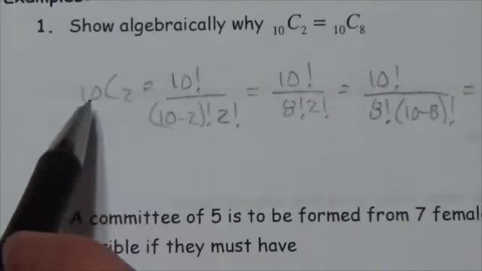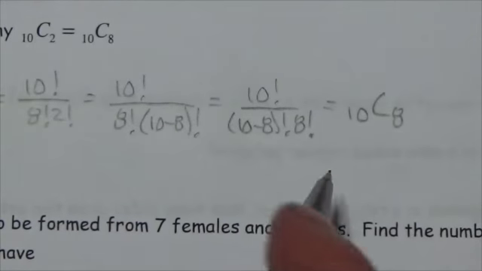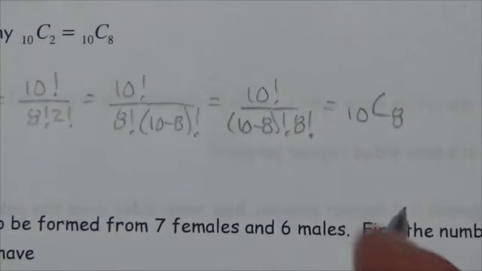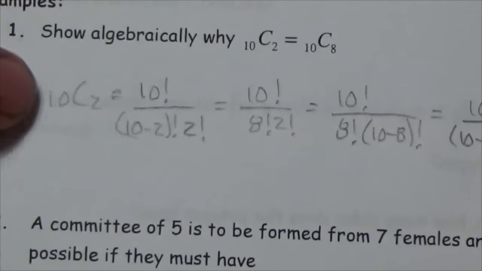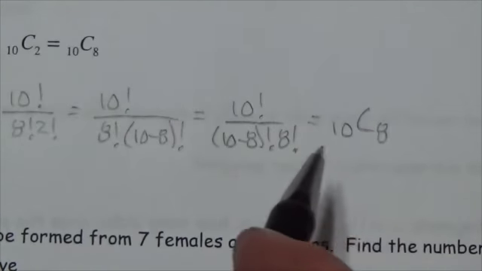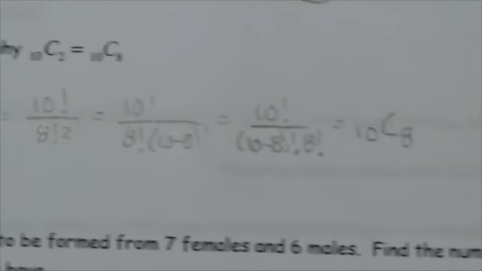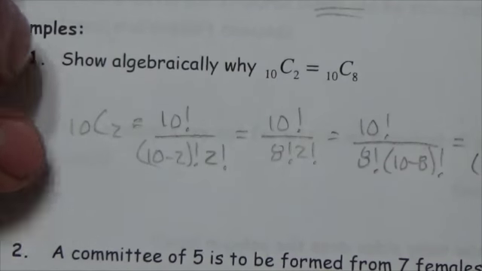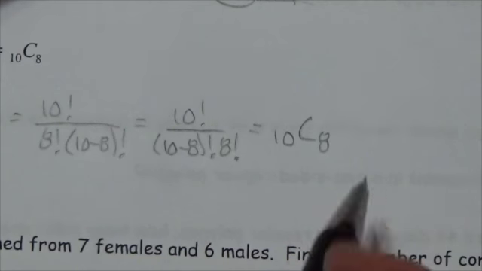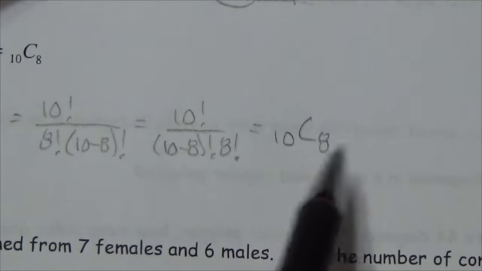Every one of these steps is identical to the one in front of it, so 10 choose 2 must be identical to 10 choose 8. Choosing to take 2 objects from a group of 10 is exactly the same as choosing to ignore 8 objects from a group of 10.